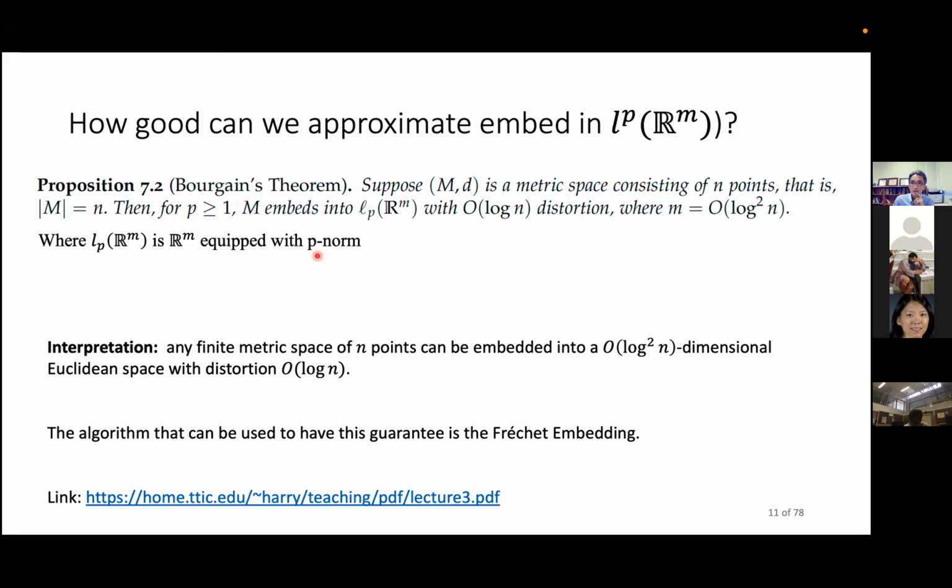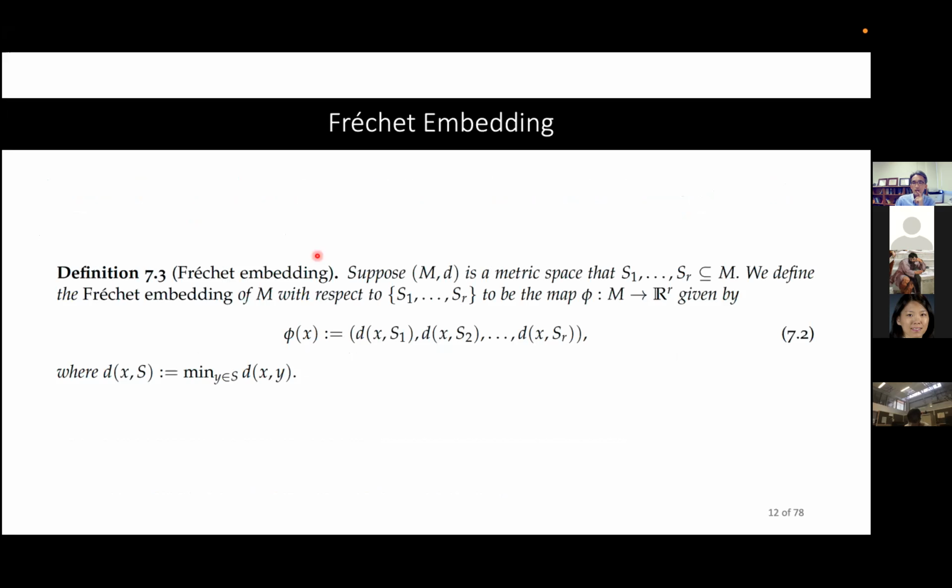And Fréchet's embedding is actually quite interesting. This is a very interesting construction of an embedding, because in some sense we find S like k anchors, and then simply by computing the distance from them, that is a very good embedding.